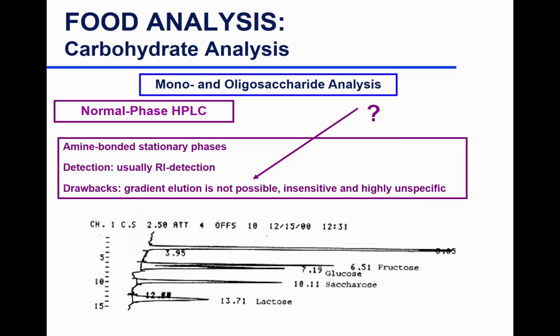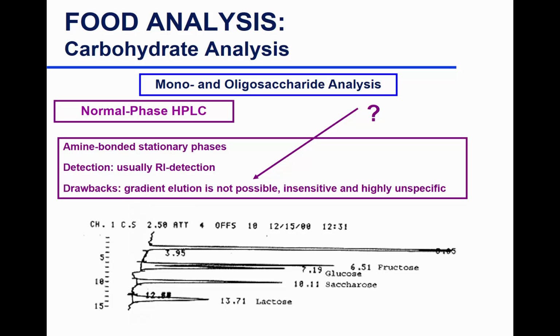The detection usually coupled with mono, di, and oligosaccharides is a refractive index detector. That's a very common detector used for carbohydrate analysis. However, gradient elution is not possible when you use RI. Why is that? Because you're measuring in reference to your mobile phase, so if you change your mobile phase, your reference changes.